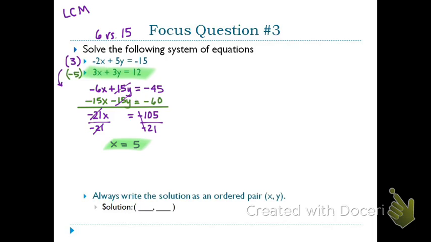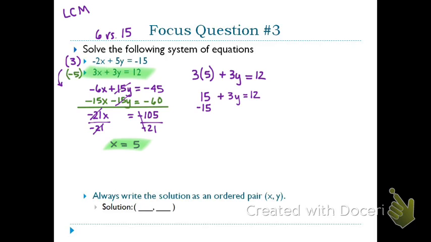Okay, so we have 3, remember we're plugging in 5 immediately, plus 3y, so 3 times 5 plus 3 times y, that's equal to 12. Okay, solve time. 15 plus 3y equals 12. 15's bigger than 12.